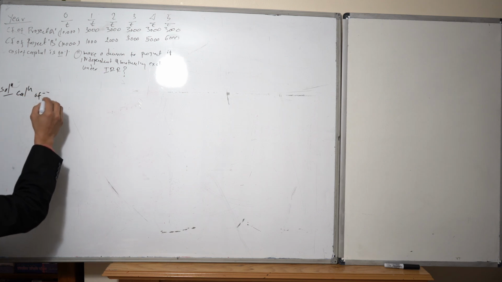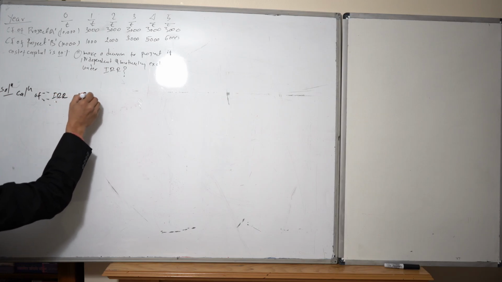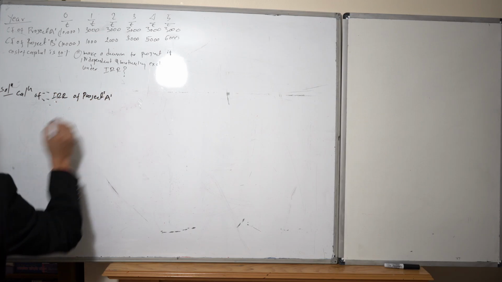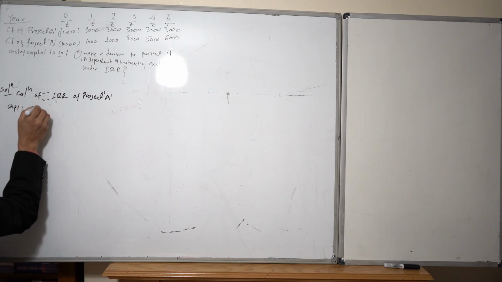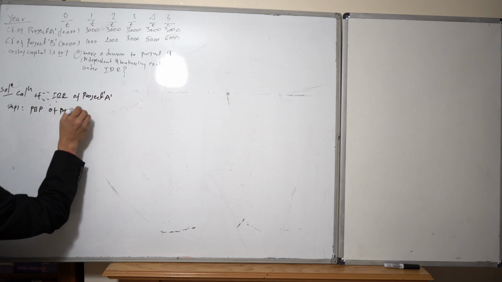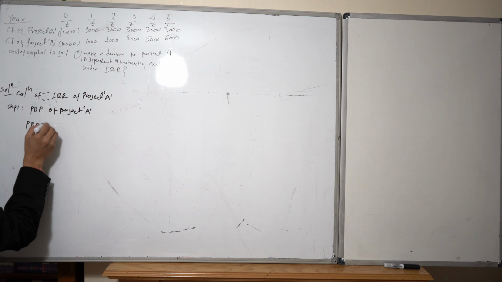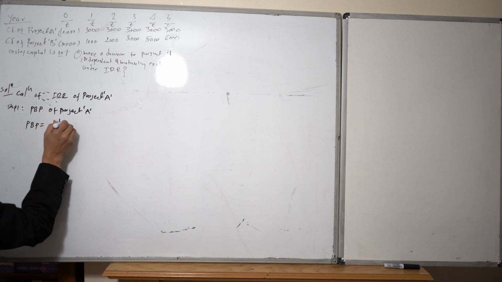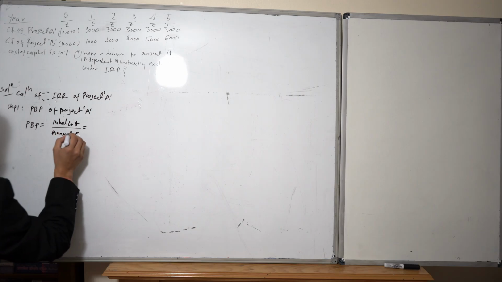Calculation of IRR of project A. Step 1, the payback period of project A. Payback period is equal to initial cost divided by annual cash flow.